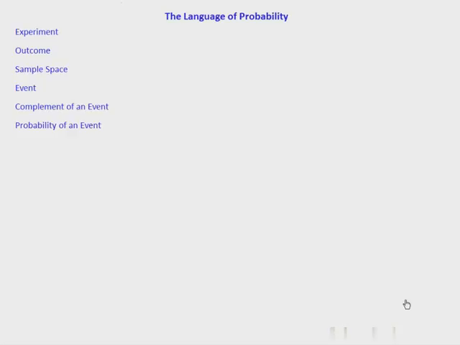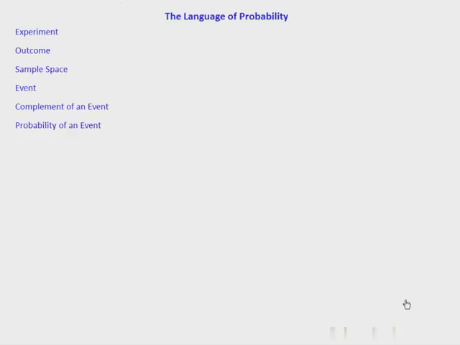What is the probability of an event? The probability of an event is the chance that this event can occur. As we saw, the probability of getting a blue shirt was the number of blue shirts divided by the total number of shirts, which is essentially the number of outcomes in the event getting a blue shirt divided by the total number of outcomes.